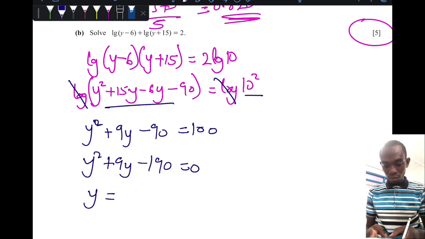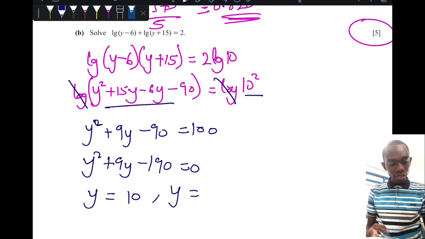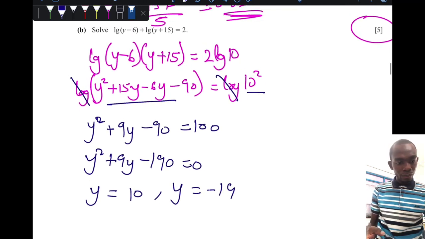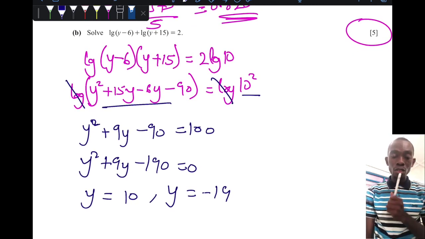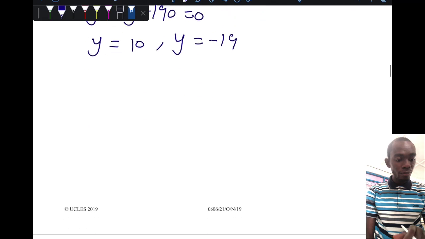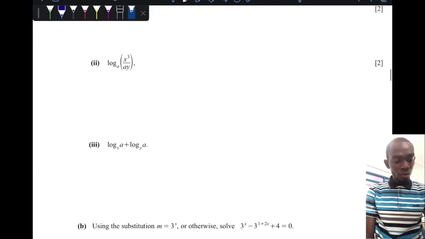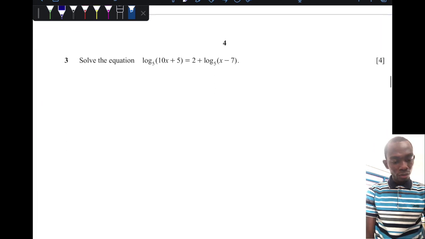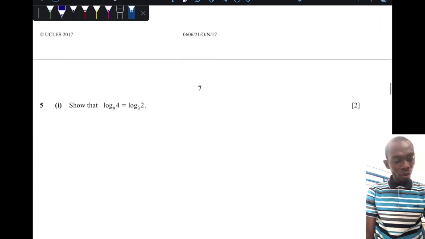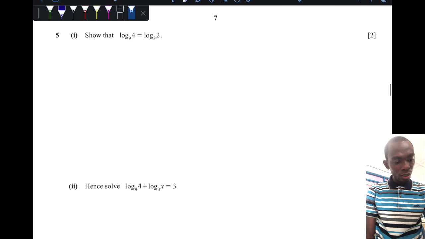Solve it. So you have y equals 10 and then y equals negative 19. Okay, then you are done for 5 marks. Now they will ask you to solve, so solve it. Is there anything difficult that we should solve? If not, then I'll end it here.